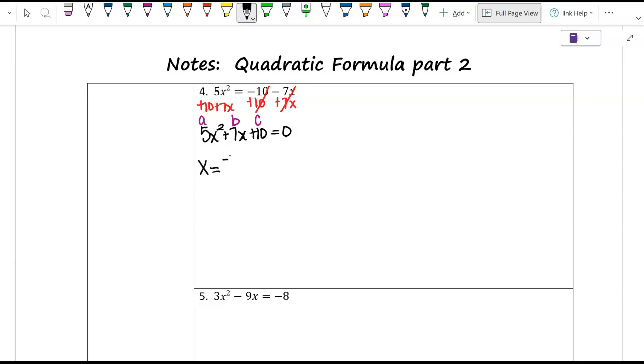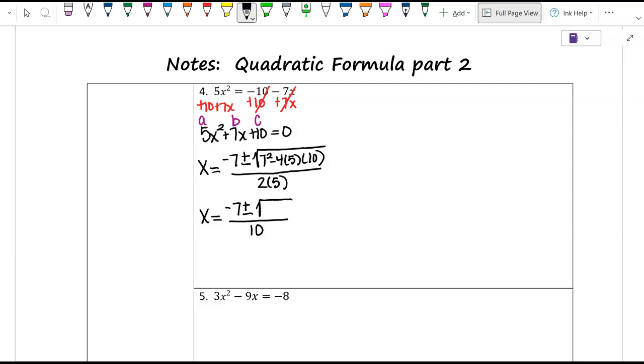So x equals negative 7 plus or minus the square root of 7 squared minus 4 times 5 times 10, all divided by 2 times 5. So x equals negative 7 plus or minus the square root of something divided by 10.